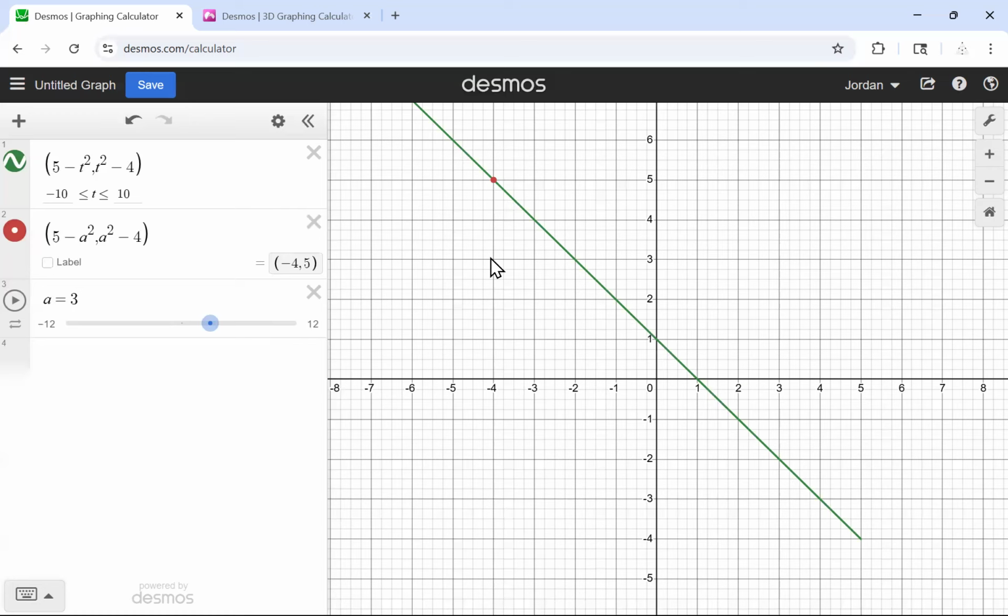So this orientation is kind of twofold. With negative a's, we are moving down and to the right as we increase. We hit the point 5, -4, and then for positive a's, we move up and to the left. Again, a little bit trickier to talk about, but that's what's happening.